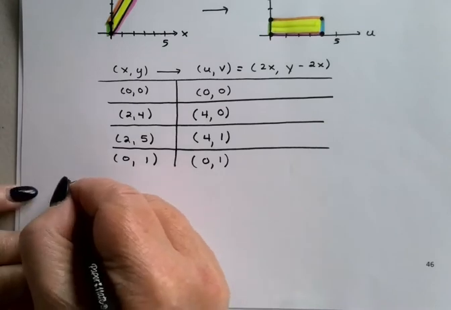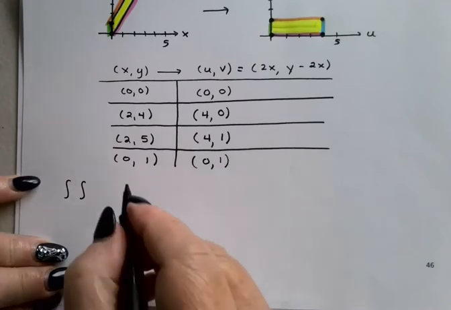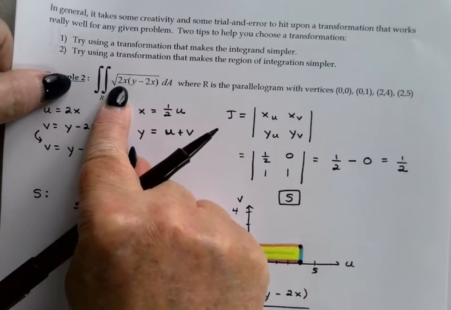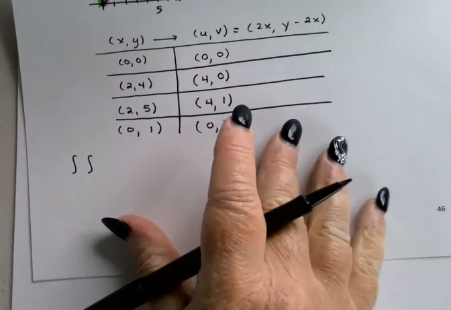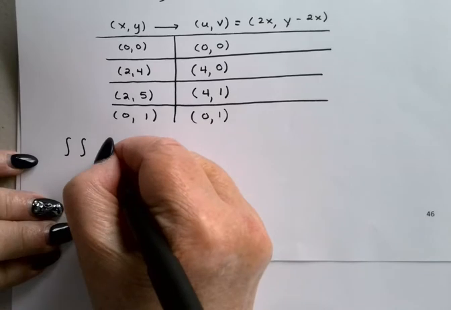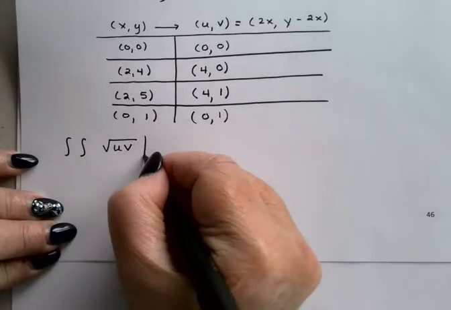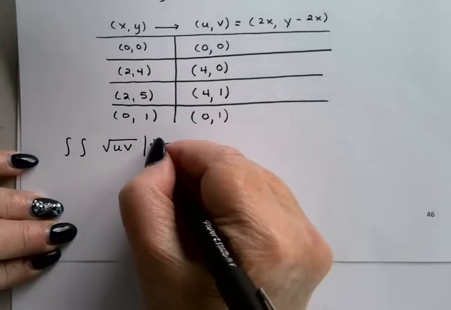We need the double integral of our new function. Again, the square root is now going to be the square root of u times v, times the absolute value of the Jacobian. Our Jacobian we calculated was 1/2.